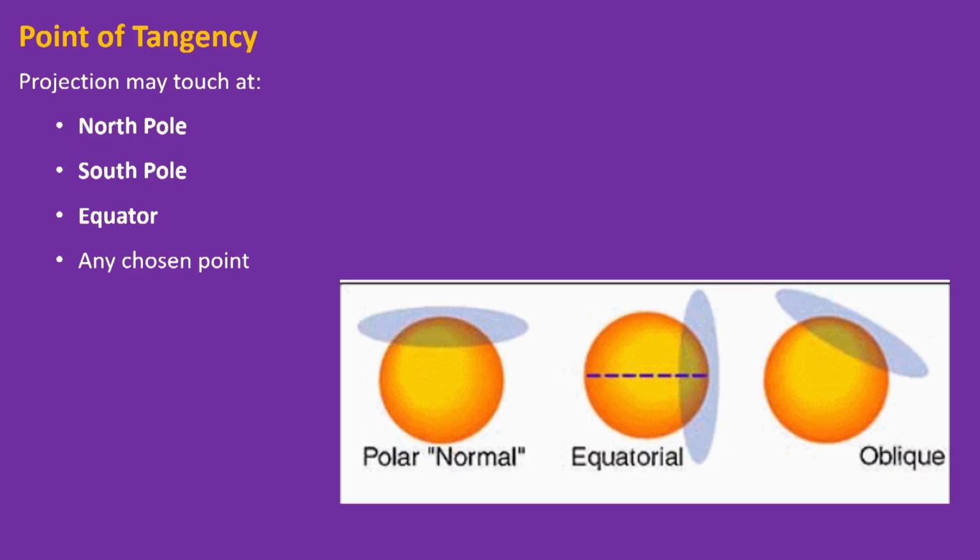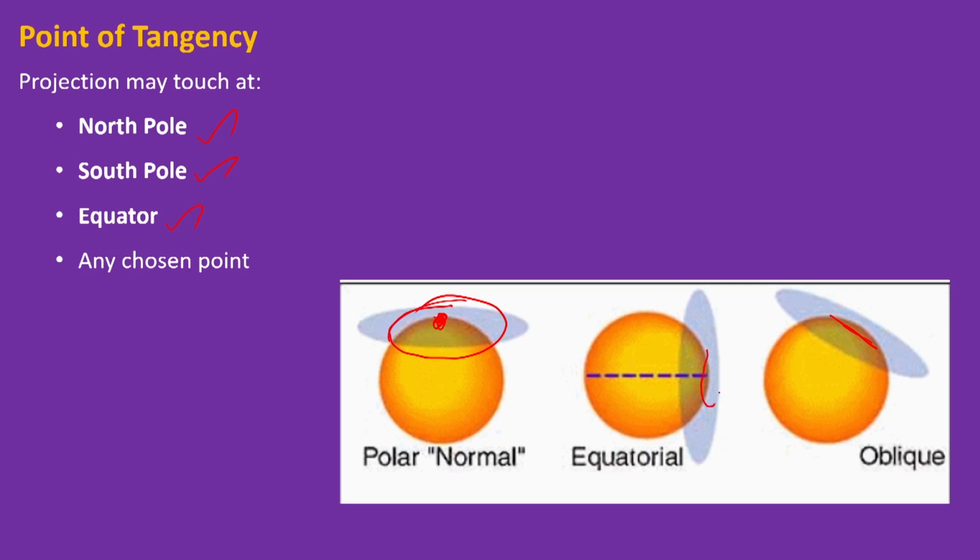Then the point of tangency. When you touch the north pole like this, this particular area gets projected; the same applies to the south pole, the equator, and even oblique. When you touch the projection plane somewhere over here, we can project the northern polar area.